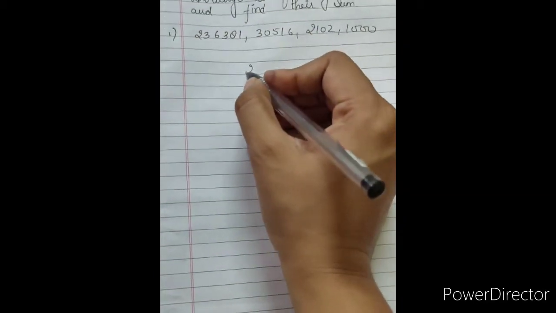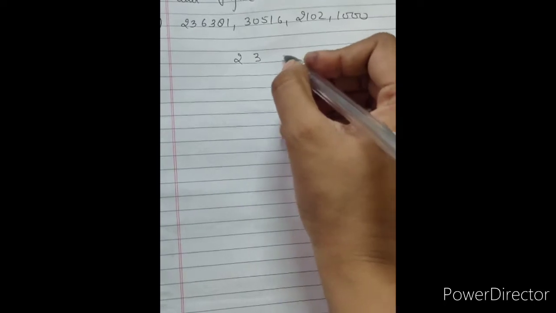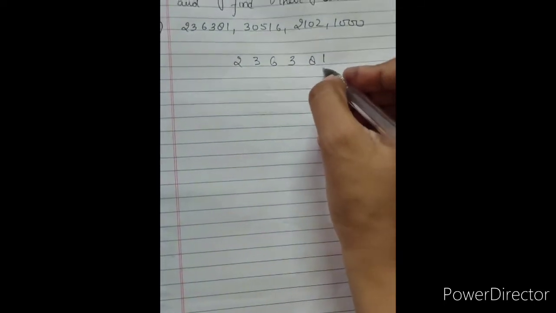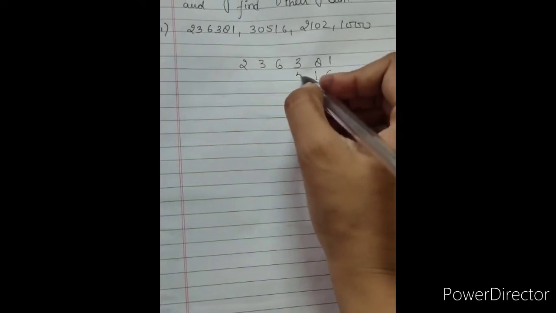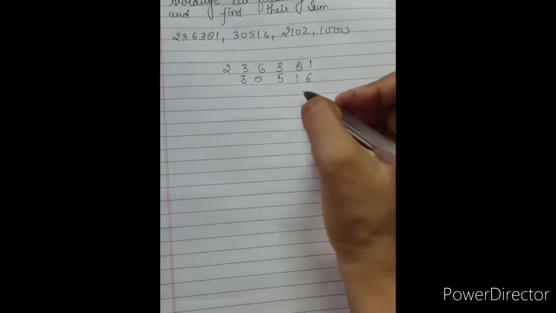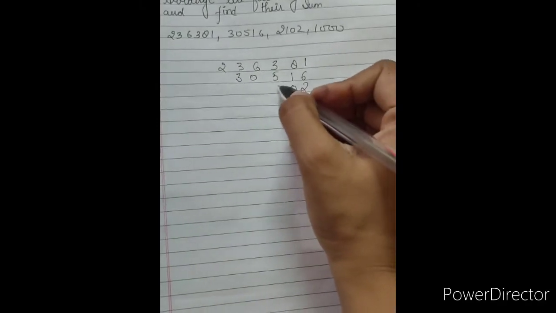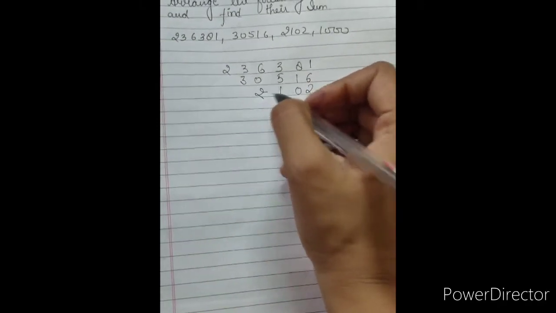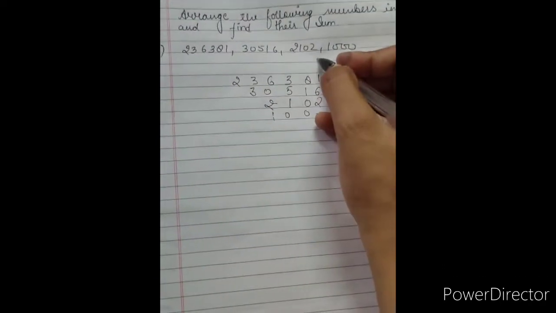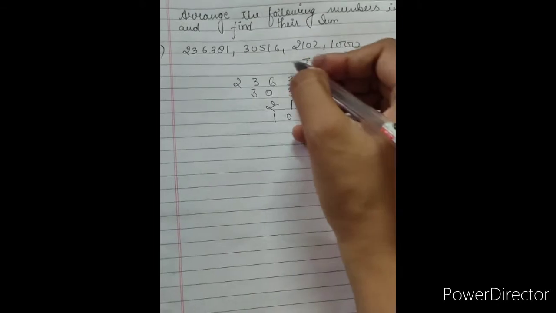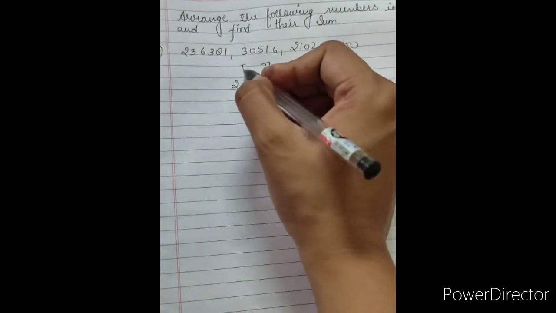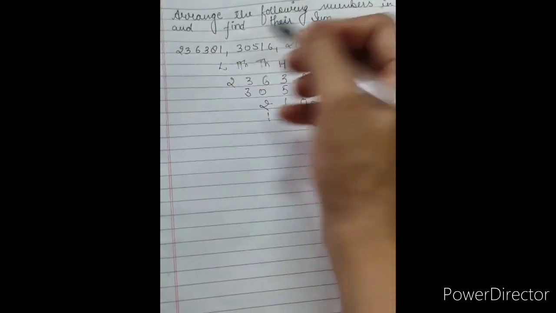Suppose 2, 3, 6, 3, 8, 1, 6, 1, 5, 0, 3, and 2, 0, 1, 2, and 0, 0, 0, 1, right. This is ones place, this is tens place, this is 100 place, this is 1000 place, this is 10,000 place, and this is lakh, right.